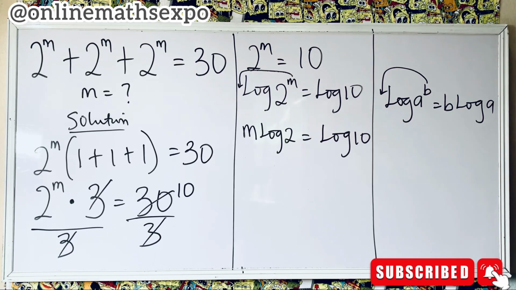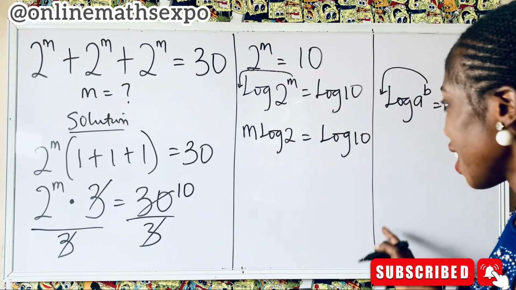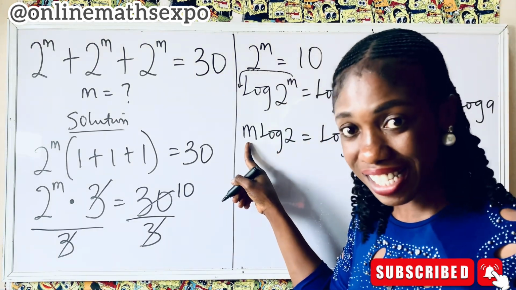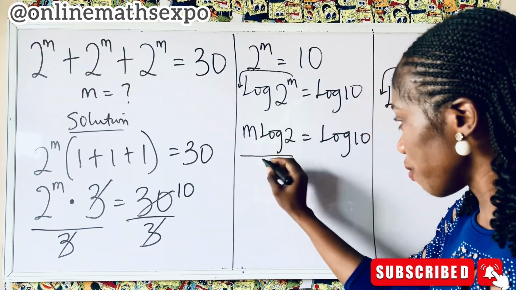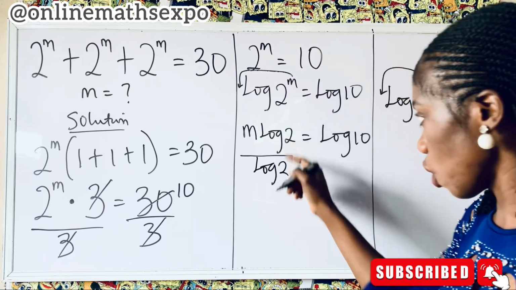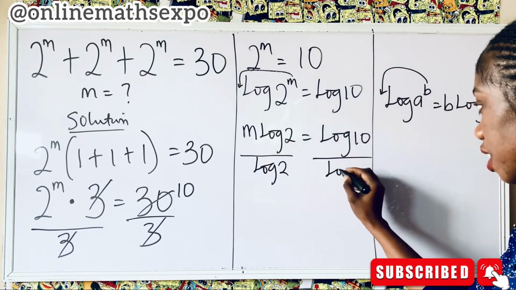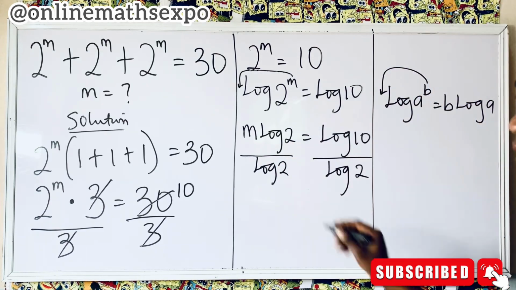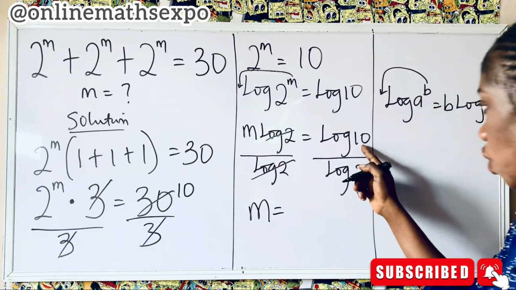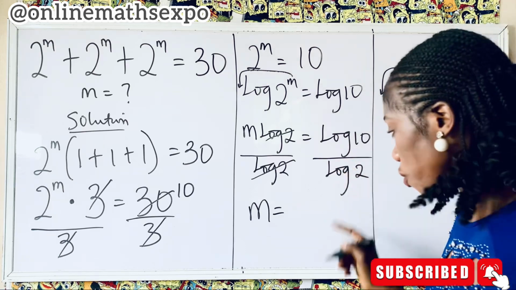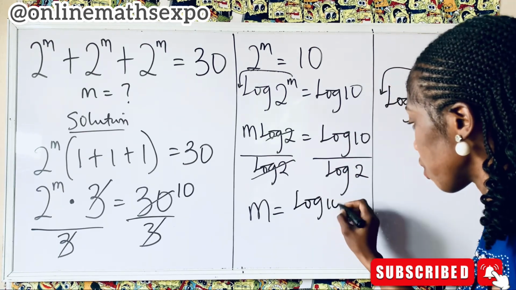I hope it's making sense now. So what do you do? Our m is what you want to get. And remember we said to remove this, you divide. And you divide with what you have as log 2. And this will be divided by log 2. So this will now cancel this. And we are left with m is equal to log 10 over log 2.